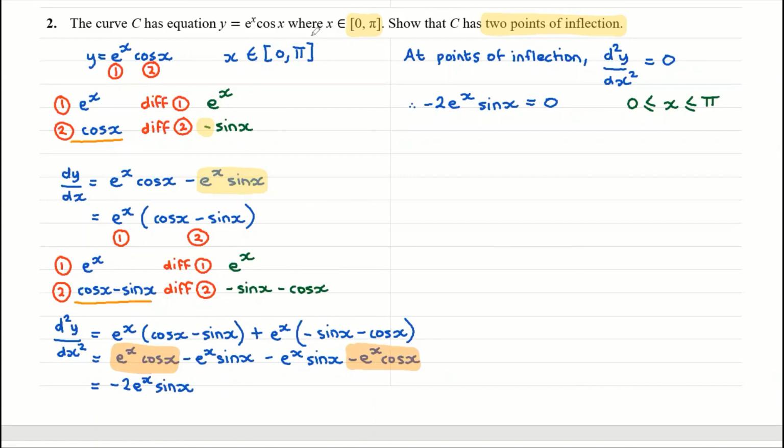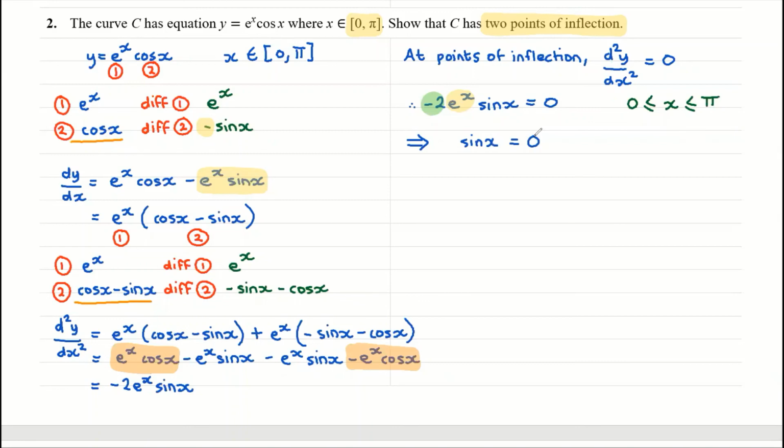E to the x is the second factor. Does e to the x ever equal 0? Well, the answer is no. It has an asymptote at y equals 0. It's always positive, so that can't happen. So the only way this can hold is if sine x itself is equal to 0.